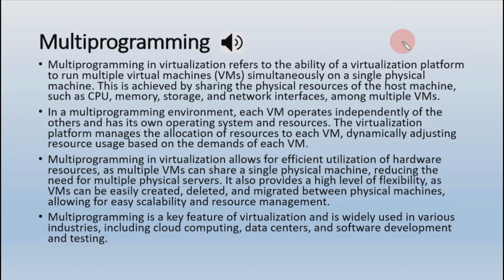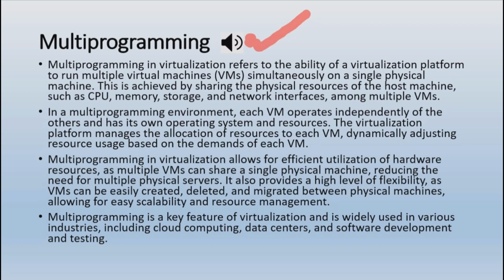Multiprogramming in virtualization refers to the technique of running multiple programs or applications simultaneously on a virtual machine, without interference between them. This approach makes efficient use of the available resources, allowing the virtual machine to execute multiple tasks at the same time.